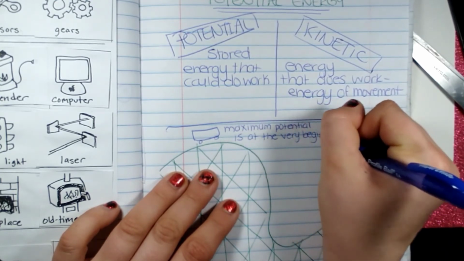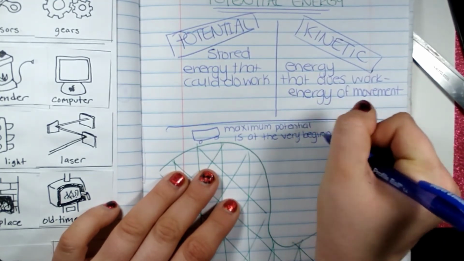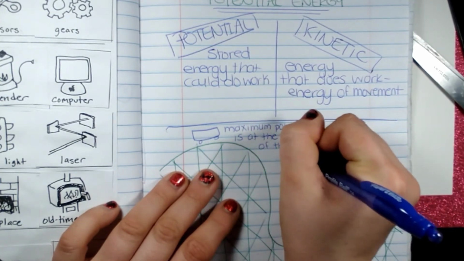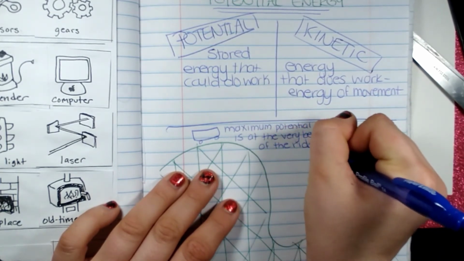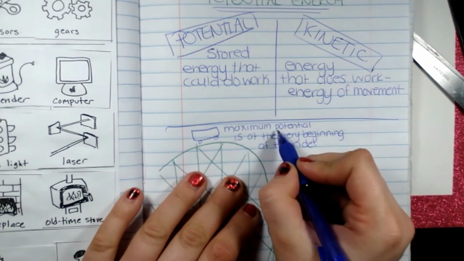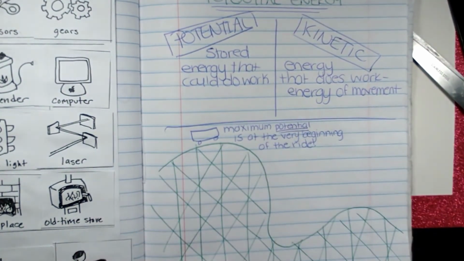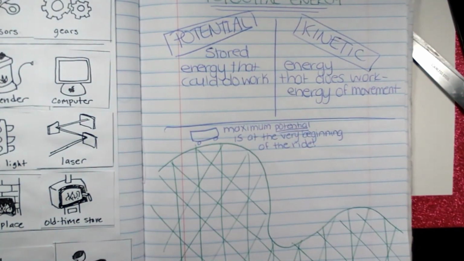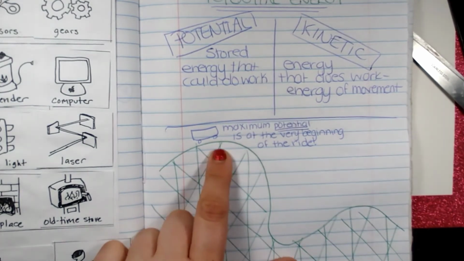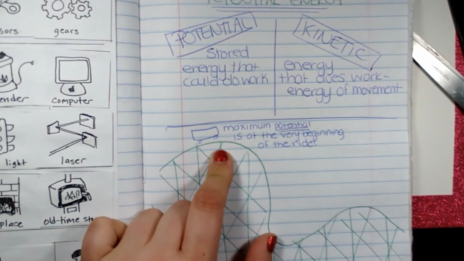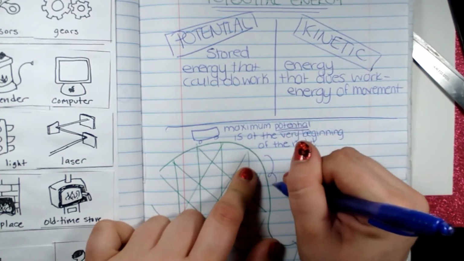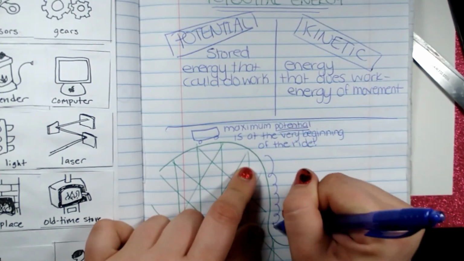So it has a lot of energy stored up, and it's ready to go. Okay? So it has the most potential and the least amount of kinetic energy because it's not really moving, it's sitting at the top. Then it goes down in this direction.